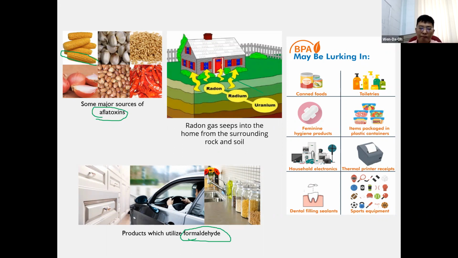The formaldehyde itself is quite toxic, because once you absorb it into the body, it can go to your cell, it can cause DNA damage. This is something that is undesirable, because once you have DNA damage, it will certainly lead to cancer. And this formaldehyde is actually a confirmed carcinogen.